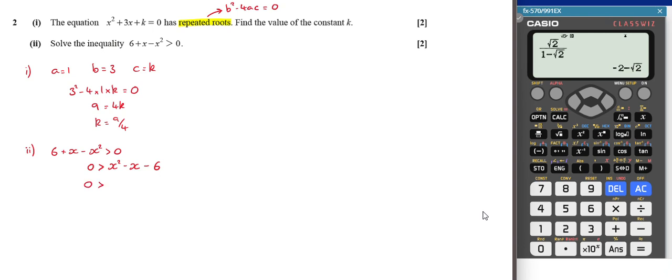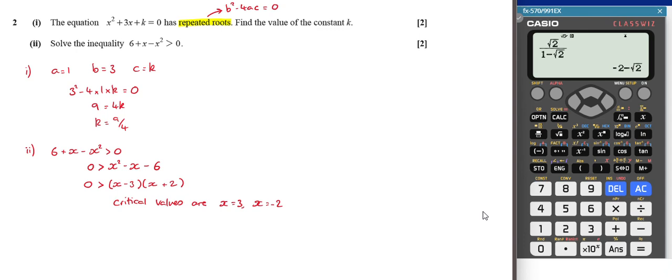I then want to find those critical values, which I'm going to do by factorising. So two numbers that multiply to be minus 6 and add to be minus 1. So I've got x and I've got x. I'm going to have minus 3 and positive 2, which means that my critical values are x is equal to 3 or x is equal to minus 2.